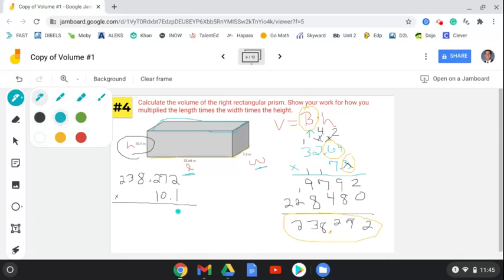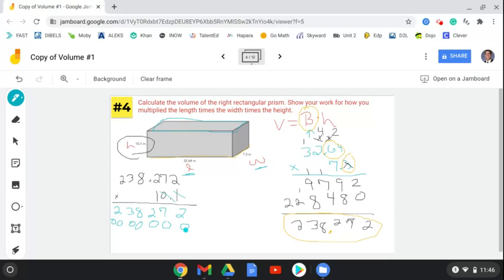Basically I'm multiplying everything by 1 here. 1 times 2 is 2. 1 times 7 is 7. 1 times 2 is 2. 1 times 8 is 8. 1 times 3 is 3. 1 times 2 is 2. Placeholder 0. Now I'm multiplying everything by 0. So 0 times 2, 0 times 7, 0 times 2, 0 times 8, 0 times 3, and 0 times 2.